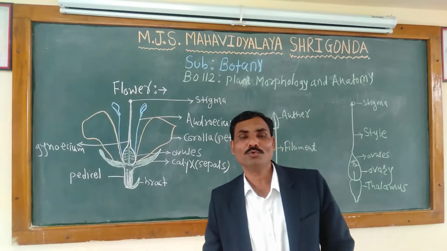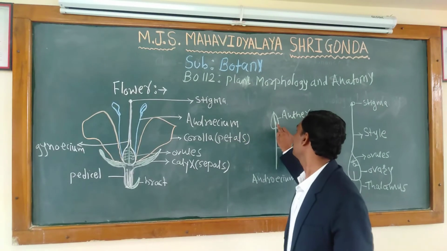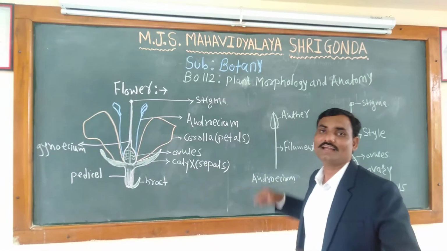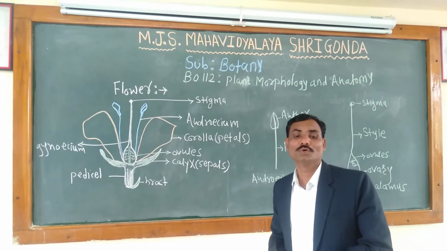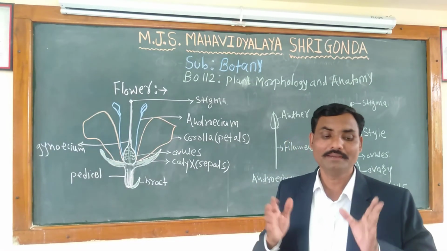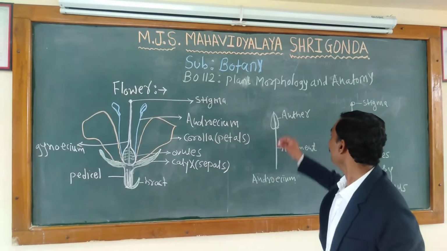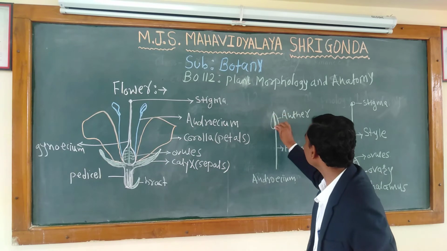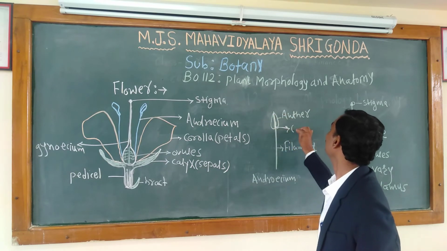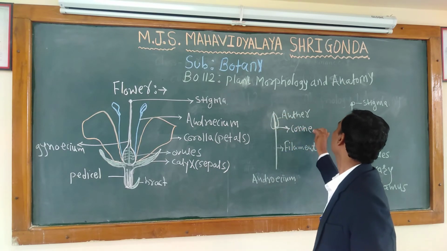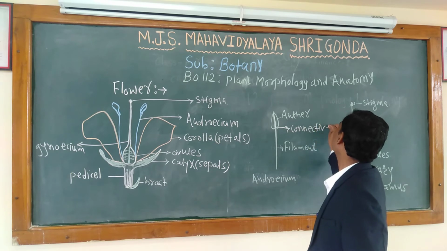Each anther is made up of two anther lobes, first, second. These two anther lobes are joined by means of the connective. See, this is the connective.